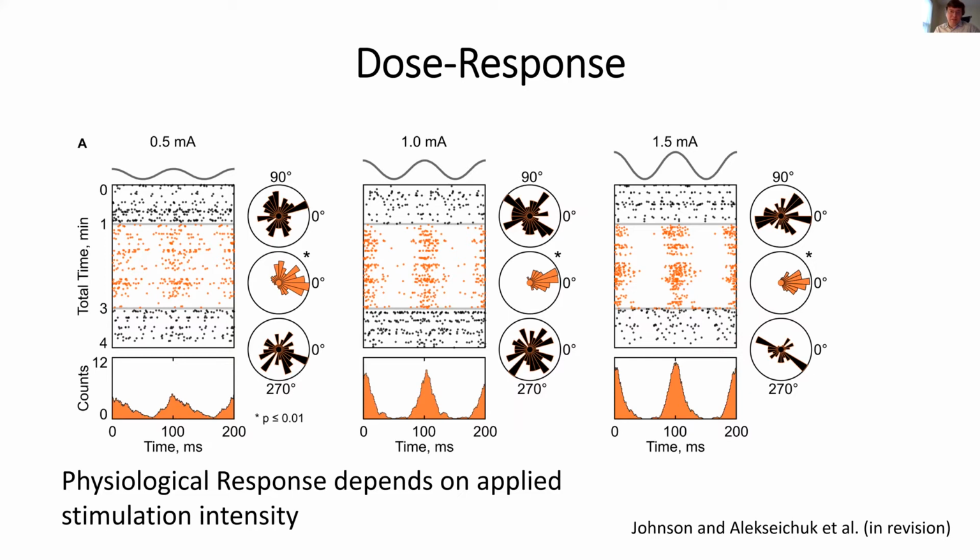Here, if we choose between 0.5 or 1.5, we would have a very different physiological response. But for human application, that's not something we can directly measure as we can in those animal experiments. And this is also another important part where modeling can help.